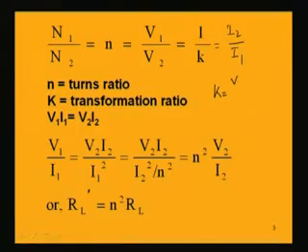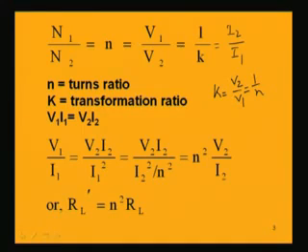That turns ratio n is actually 1 by k, where k is the transformation ratio. The transformation ratio k is the ratio between V2 and V1, so k is V2 by V1, which is equal to 1 by n.